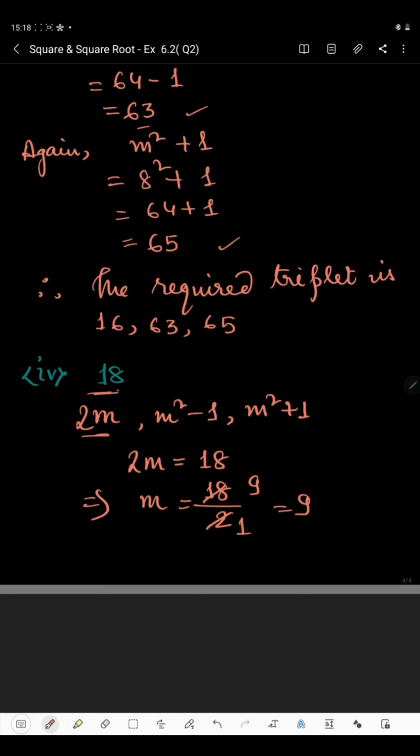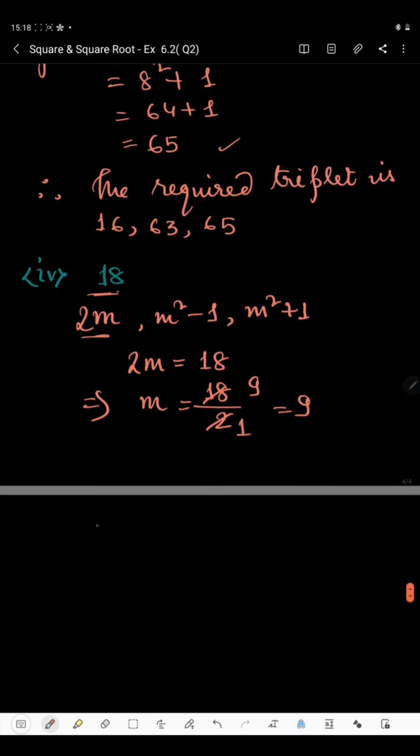Now we will have to put the value of m in m square minus 1 and m square plus 1 to get the second and third members. So here the value of m is 9. 9 square means 81, and 81 minus 1 is 80.